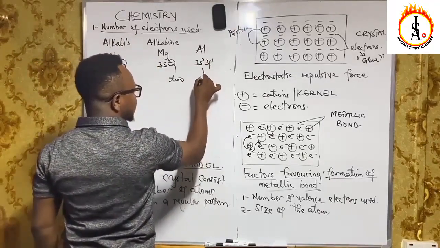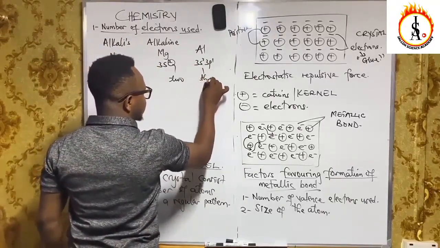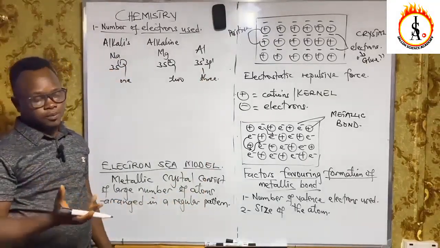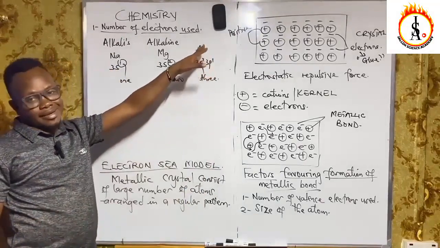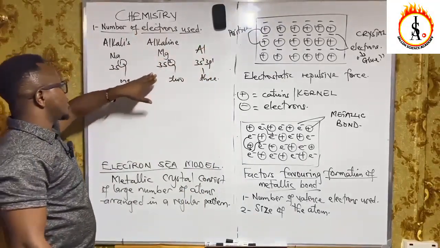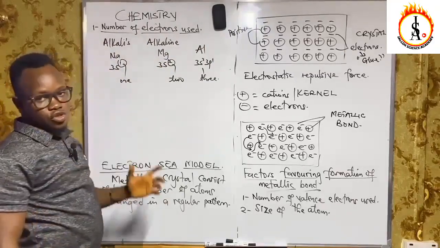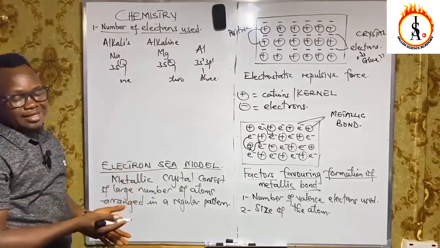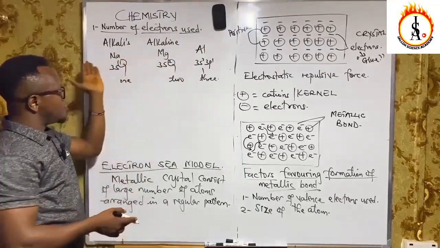So in total, aluminum uses 3 electrons in forming a bond. So the metallic bond in aluminum is much stronger than in magnesium, and the one in magnesium is much stronger than the one in sodium. Aluminum will have the strongest metallic bond of the 3.